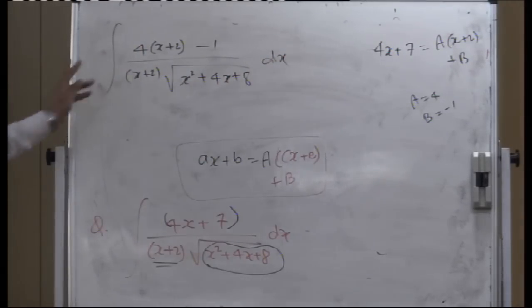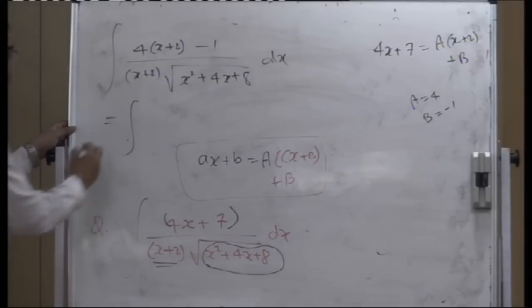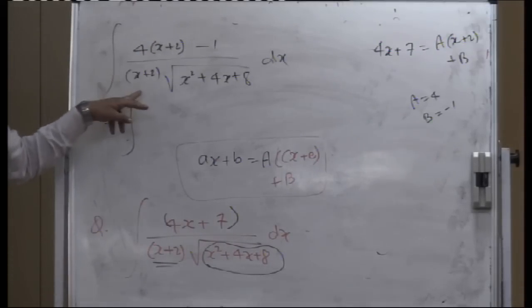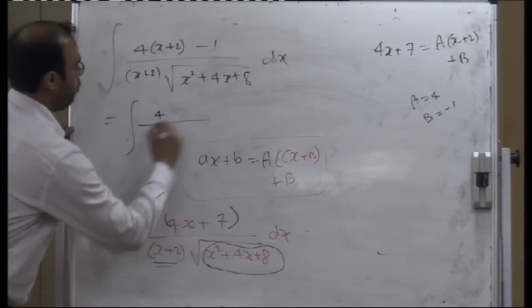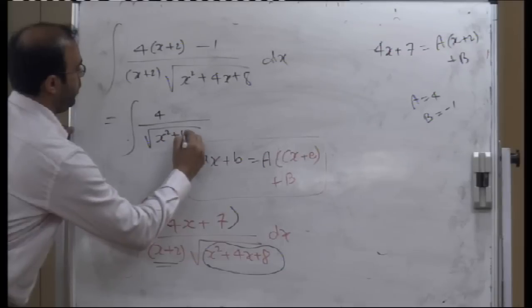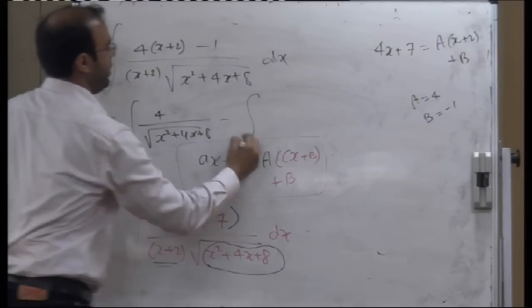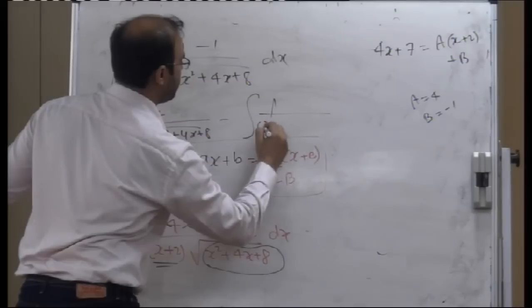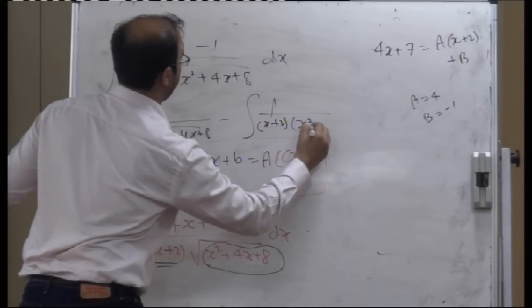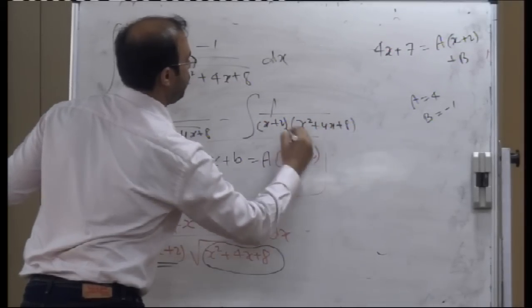Now you can separate the terms. Here the question is solvable because this cancels. This becomes 4 by root over x square plus 4x plus 8 minus the integral of 1 by x plus 2 into root over x square plus 4x plus 8 dx.